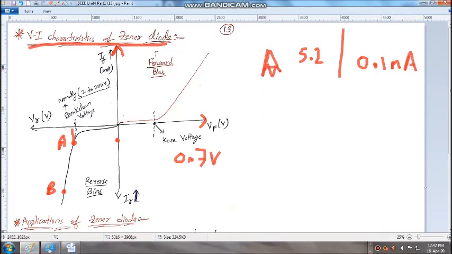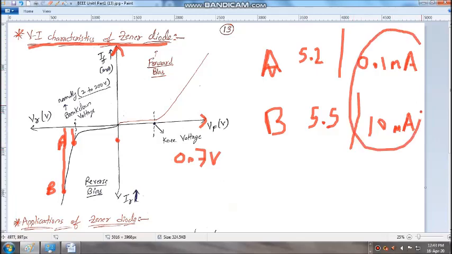These are the values at point A. What are the values at point B? At point B, the voltage value will be roughly around 5.5 volts or somewhere around that, and the current value will be 10 milliamps. So what we can conclude from these values is that for a wide range of current through the Zener diode, the voltage across the diode is almost constant.